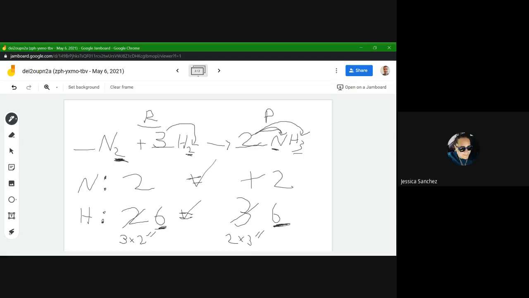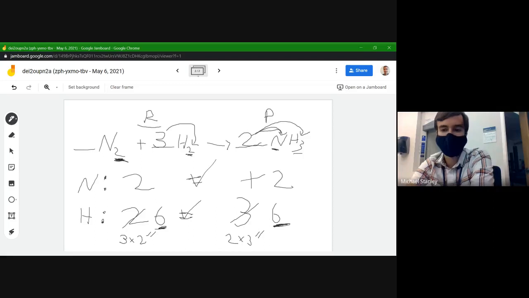Okay, so you always multiply when it's the 2 numbers like that. So whatever numbers are there, you multiply them. Exactly. Whenever you have a big number coefficient and a little number subscript come together, you multiply.